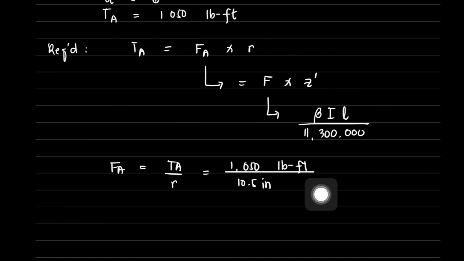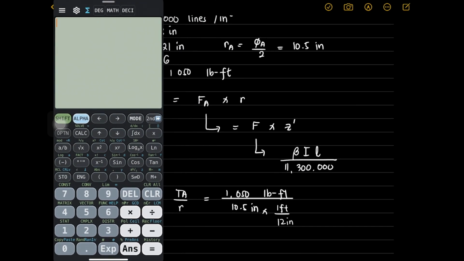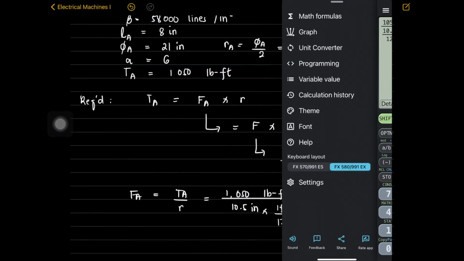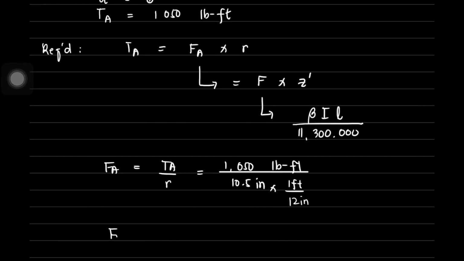But the units must be consistent, so we need to multiply this by 1 foot is to 12 inches. With our calculator, we have 1050 all over 10.5 divided by 12, so force A would now be equal to 1,200 pounds.